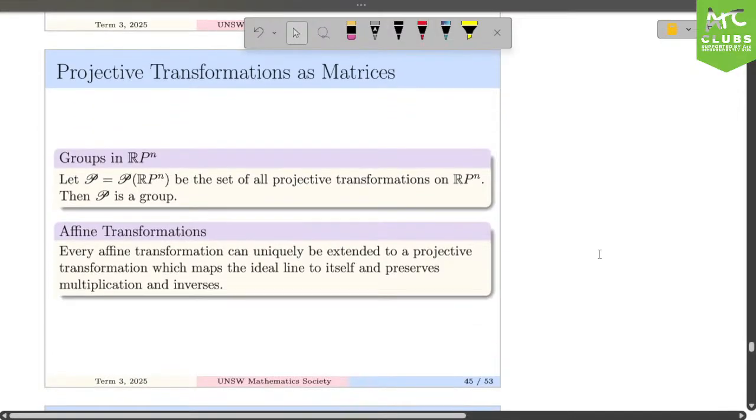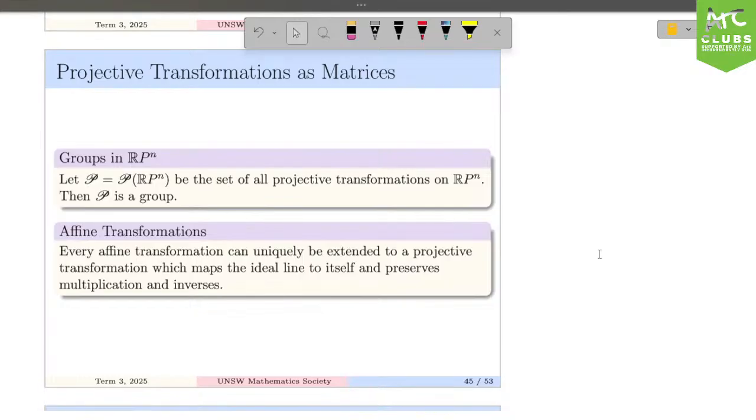So the claim is that this projective transformation space is a group, and we kind of just have this from the fact that tau of A multiplied by tau of B is just tau of AB. Assuming A and B are both invertible, that will mean AB is also invertible.